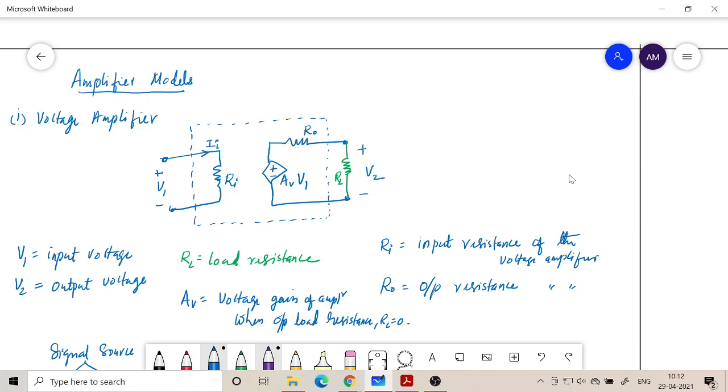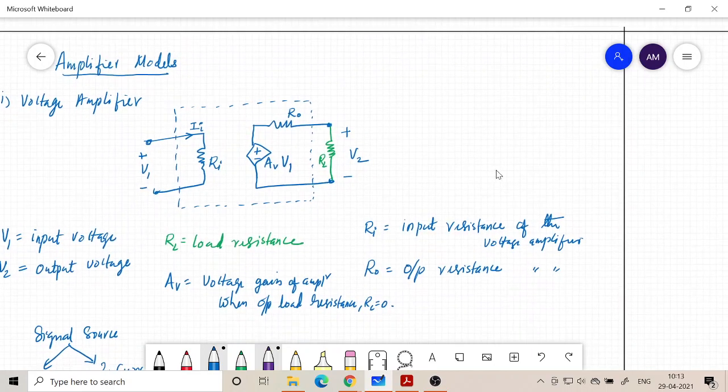So whatever voltage you give across Ri will determine the magnitude of the voltage produced by the dependent source. If we have a dependent voltage source that produces a voltage depending upon the voltage applied across the input resistance, then we can have a voltage amplifier. That's basically the idea.